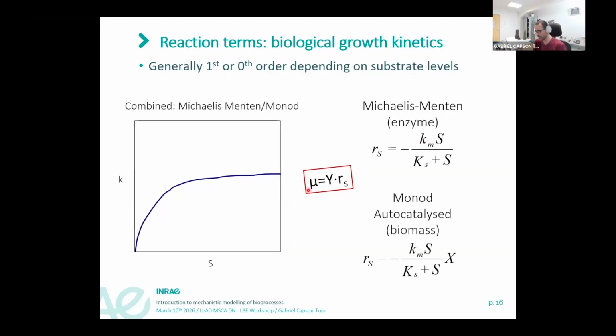Using one type of model, either growth or uptake, is exactly the same thing. You are using a different basis of calculus. So if you don't like uptake rates, you just multiply them by the yield, and you get your growth rates. Easy enough.